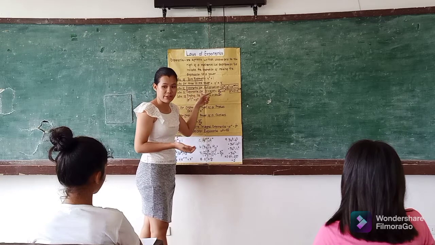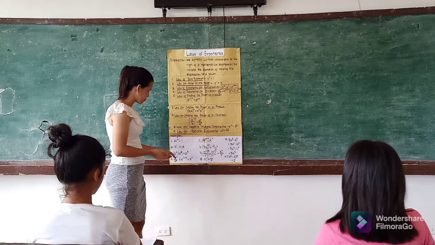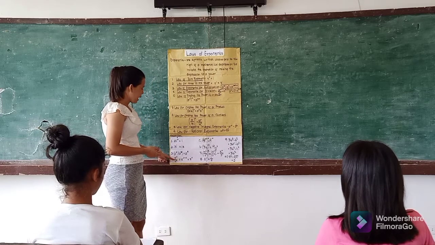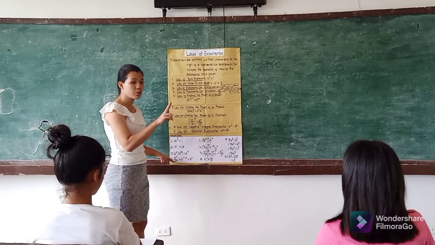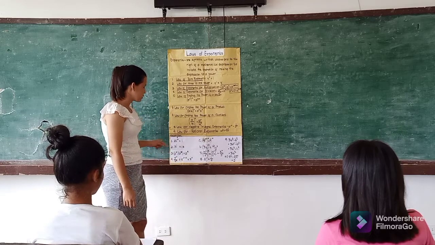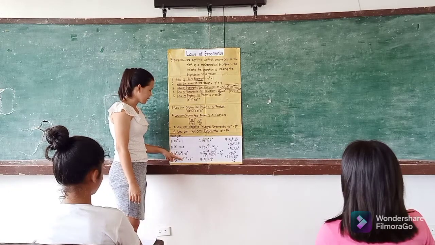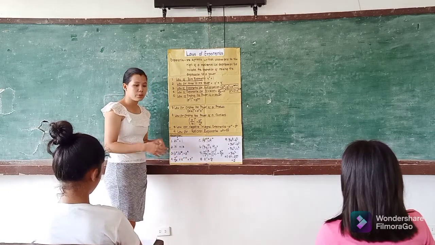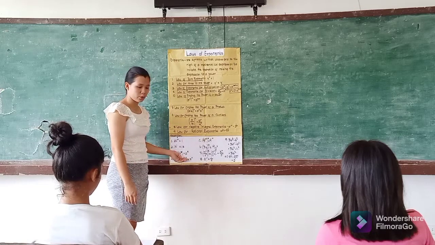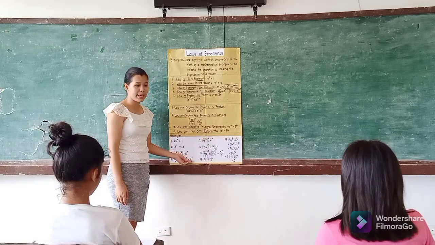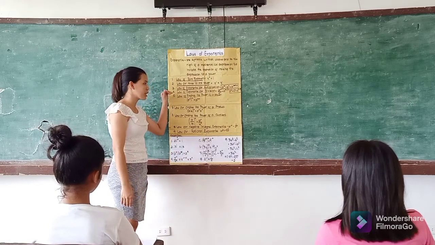For example, x raised to 6 over x raised to 2. The variables are the same, so you copy it, then you subtract the exponent of the denominator from the numerator, so your answer will be x raised to 4.